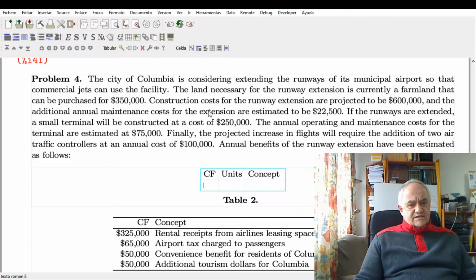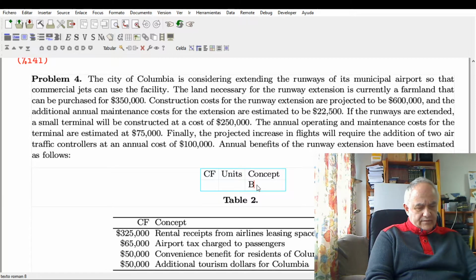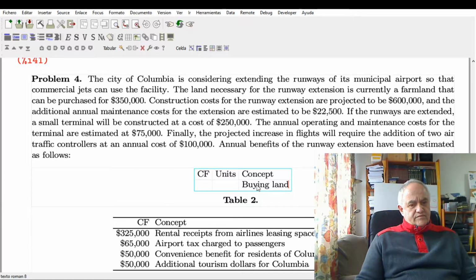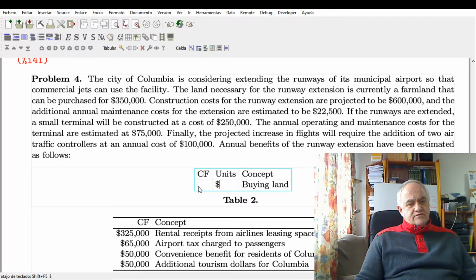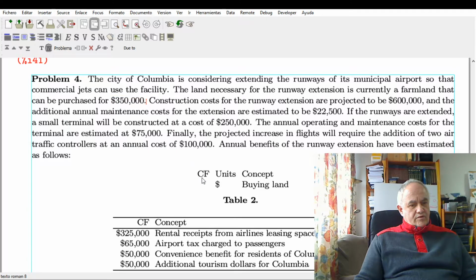The land necessary for the runway. Buying land for the runway has units as dollar. You pay once when you buy, and the total amount is 300,000.